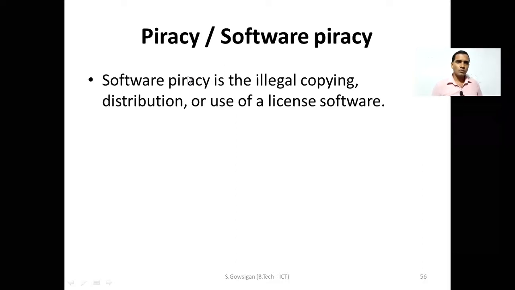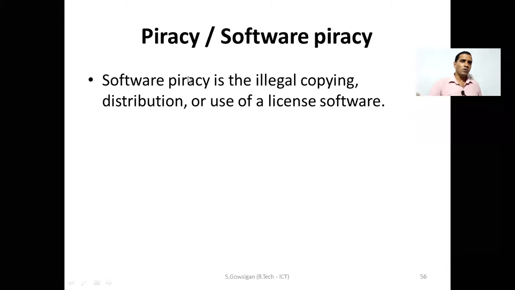This is wrong. See, nowadays it is often said that almost all of us are thieves, right? All of us. If I am a thief, everyone becomes a thief because all of us copied licensed software and use it in our computers.